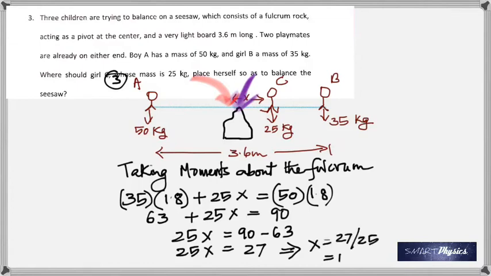And when you calculate it, you get 1.08 meter. So that's the distance from the fulcrum at which the third girl C should be seated.